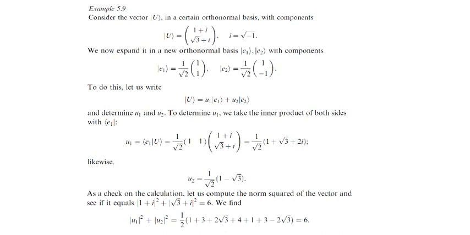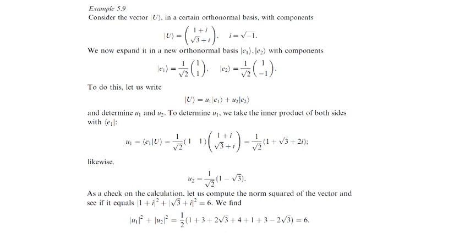Now the second term u2 times scalar product of e1 with e2, but your scalar product of e1 with e2 will give you 0 because e1 and e2 are members of orthonormal basis and they are orthogonal to each other. So your u1 can be evaluated as inner product of e1 with u.